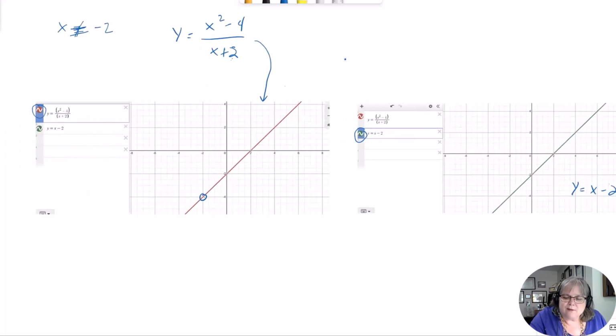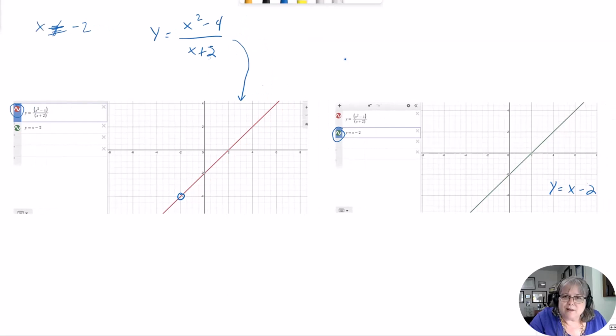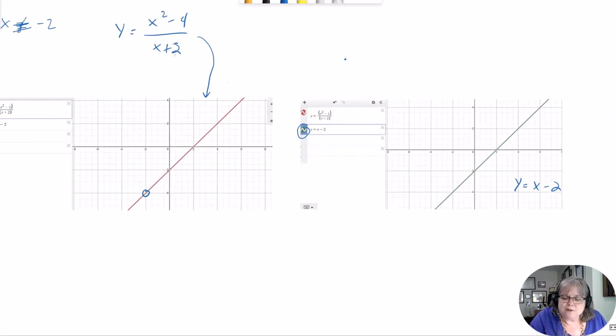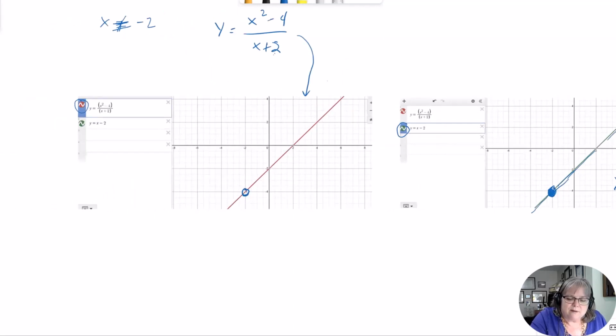So see how the graph for x minus 2 looks just like the graph for the rational function? Except the x minus 2 is a line. There's no restrictions on x minus 2, so there's no hole here. It's solid. So we can theoretically use this simpler graph to talk about what's going on here, as opposed to the graph that has a hole in it.